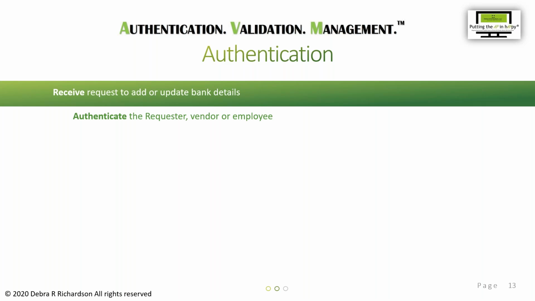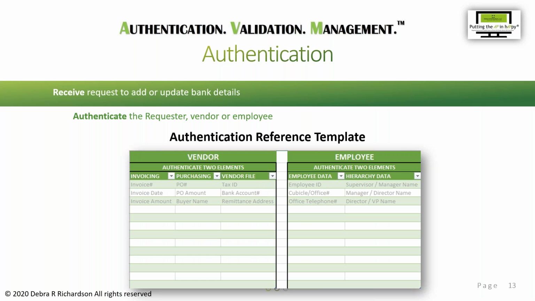You need to authenticate the requester, whether they are a vendor or an employee submitting documents on behalf of the vendor. And you can do that by asking 2 or 3 identifying questions. And this process should sound familiar to you, as this is what your banks do, for example.